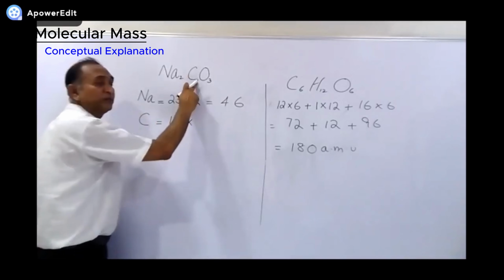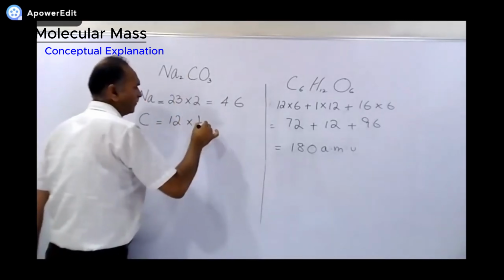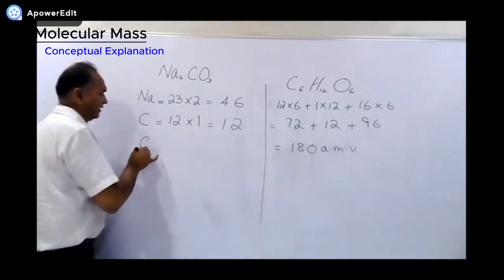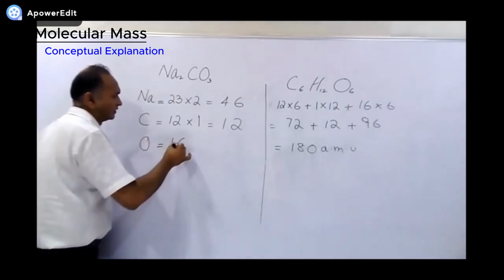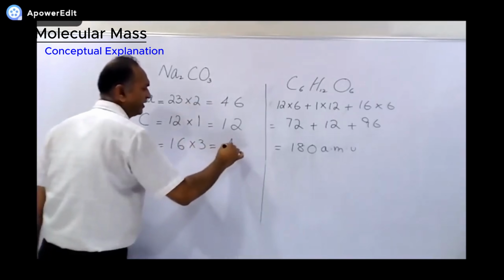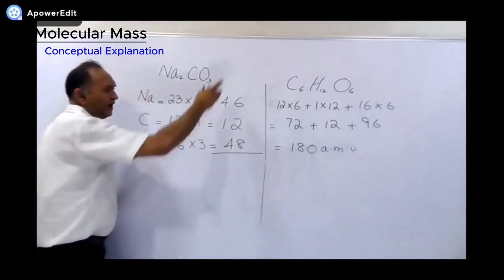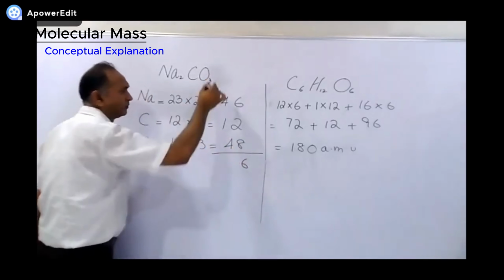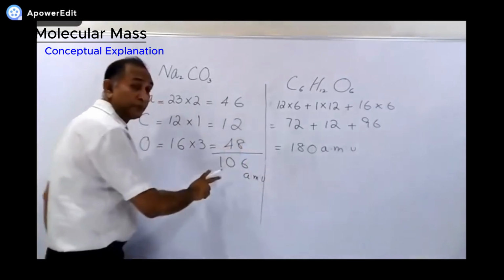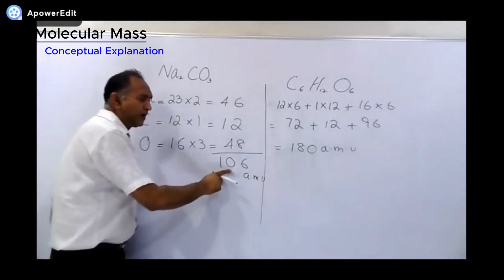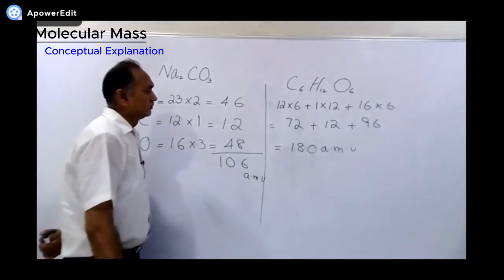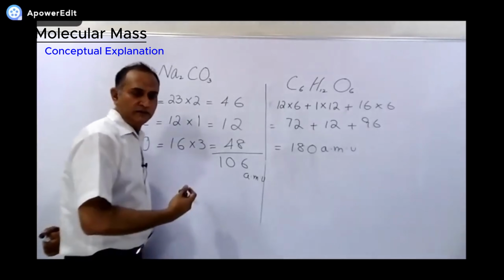How many carbons? No subscript means 1. Next, oxygen. The subscript is 3. 16 3s are 48. Adding them all, 106 AMU is the comparative mass of sodium carbonate. Okay?